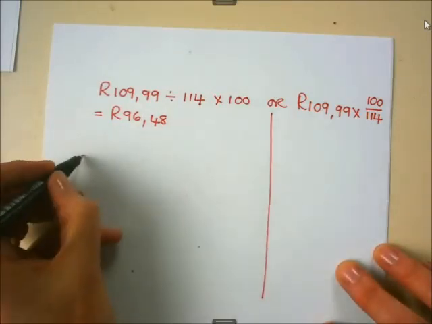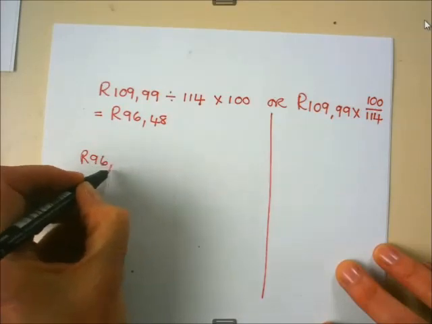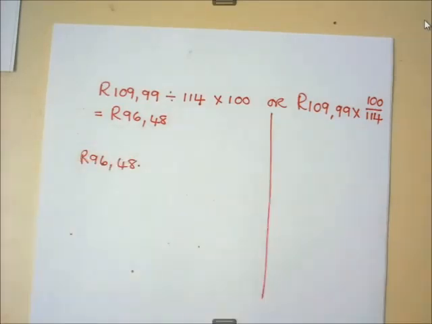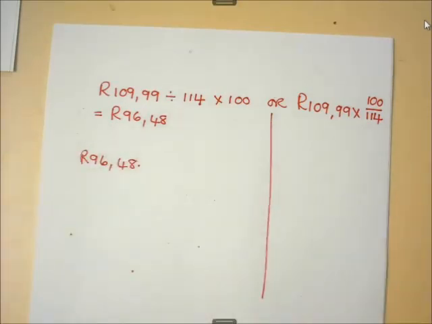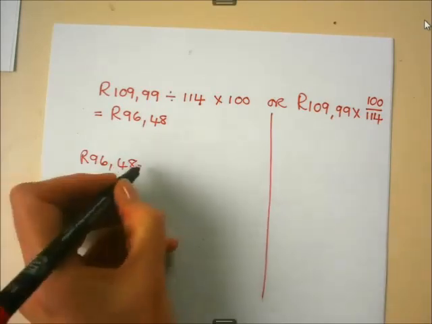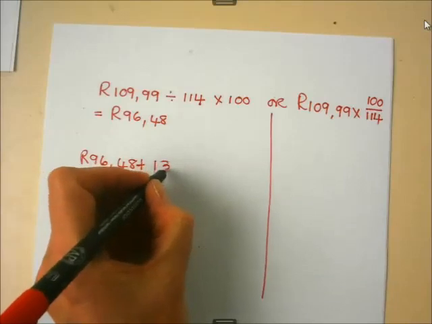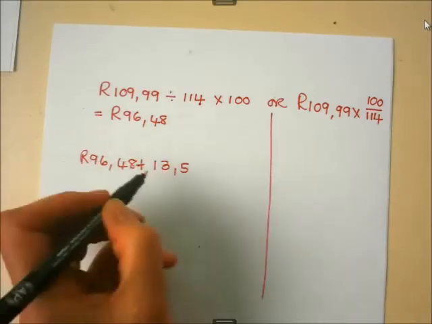Now if you take 96 Rand 48 and do a little sum, 96 Rand 48 times 14%, you're going to get back to 109.99. Well, let's just do it slowly. 96 Rand 48 times 14% is 13 Rand 50.